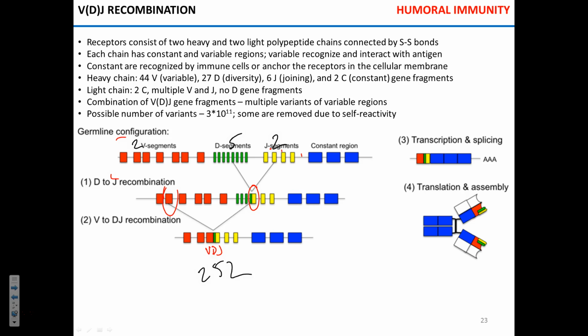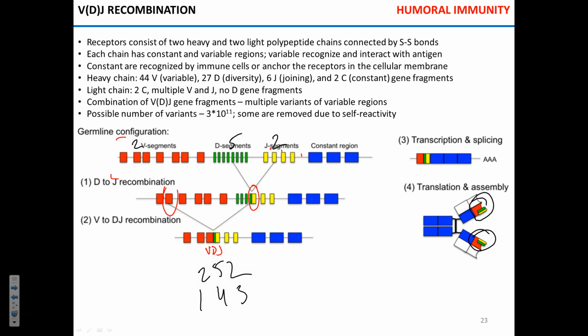If we combined different segments, we could get, I don't know, 1, 4, 3. Does that make sense? Every time there is a VDJ recombination, a different variable region is produced on the antibody. Does it make sense?